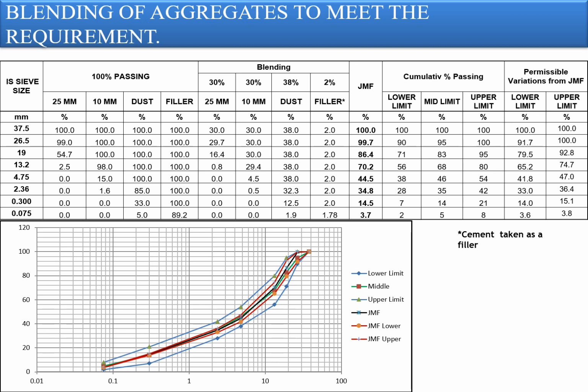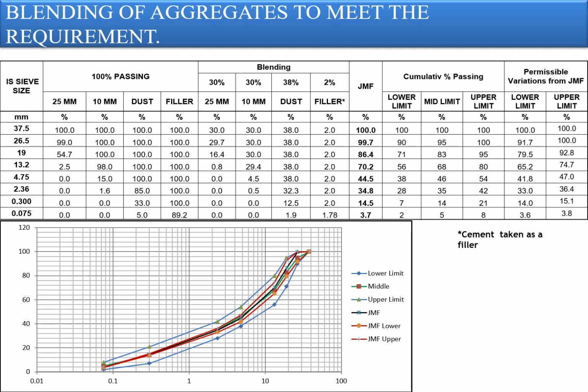Now from the individual percentage passing, you need to blend the aggregates theoretically. In this particular case we are adding 30% of 25 mm aggregate, 30% of 10 mm aggregate, 38% of dust and 2% of filler. If we combine these different types of aggregates in this proportion, then the theoretical combination of percentage passing we are getting is shown in the JMF, that is the job mix formula, which is in line with the percentage passings given in the MORTH table.